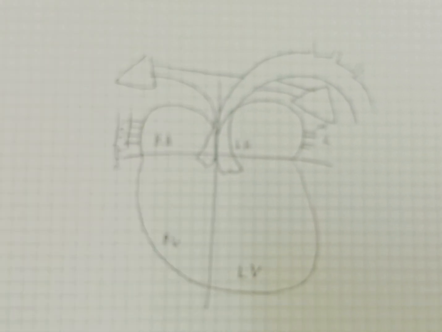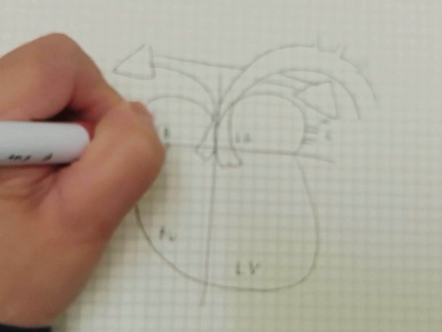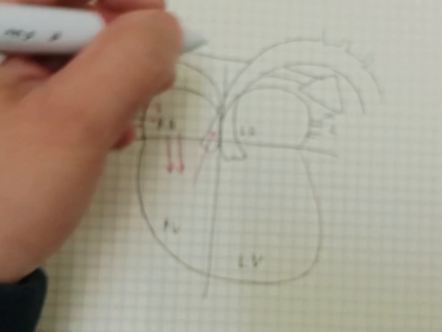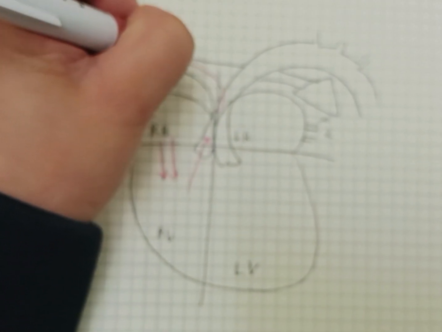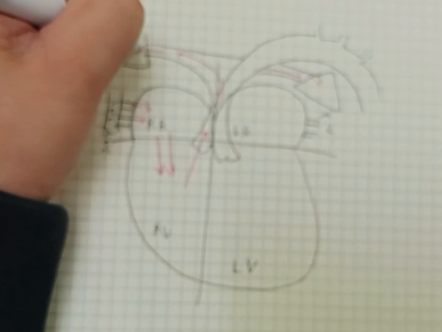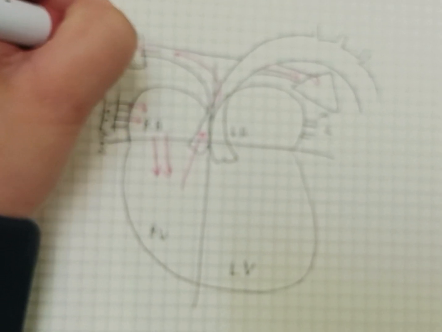So blood from the IVC and SVC goes to the RA, to the RV, and to the pulmonary artery, where CO2 is exchanged for oxygen.